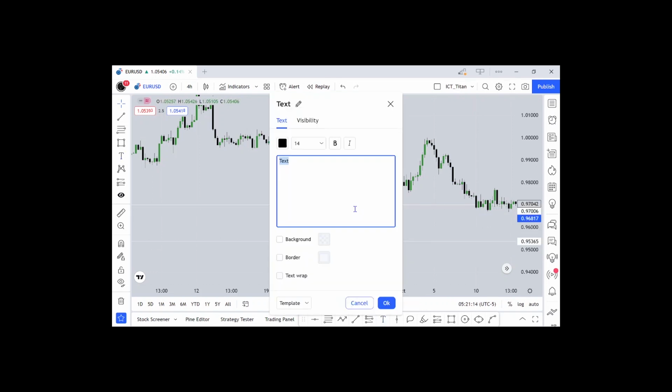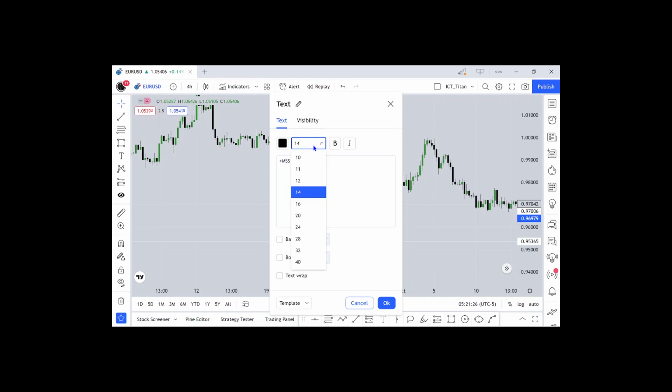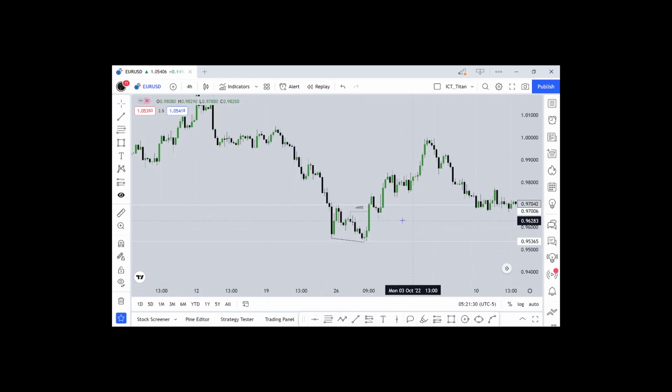It will, because we are bullish. Use font 10 so that it can be organized. This is our market structure.